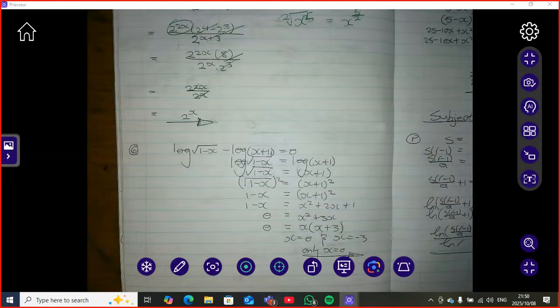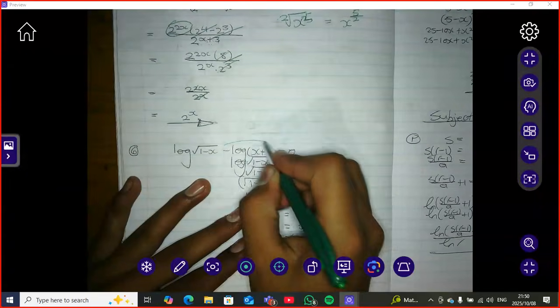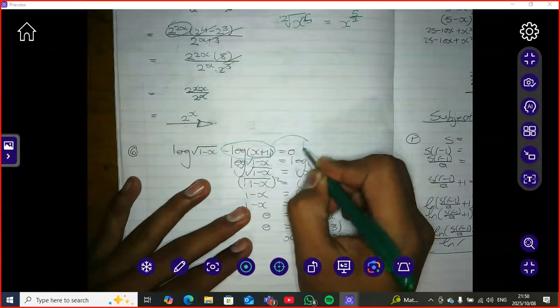Let me see. So here I have log of the square root of 1 minus x, minus log of x plus 1, equal to 0. Very easy. All I do is I take this log over to the other side.